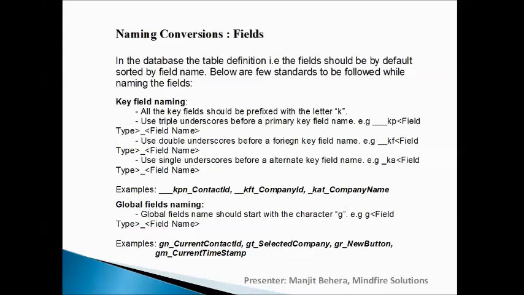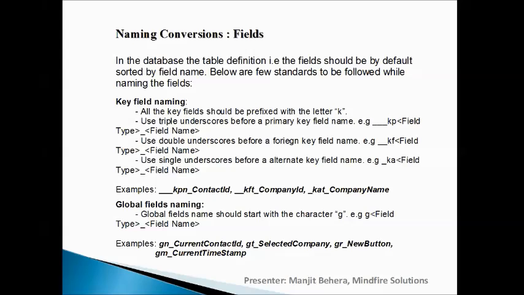That means this global field contains the current contact id that is selected, the scope is global, and it contains numeric type data. GT underscore selected company is the company name that is selected, and it is global and has text data type.